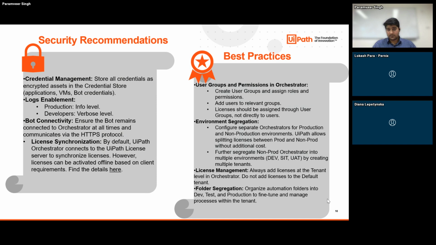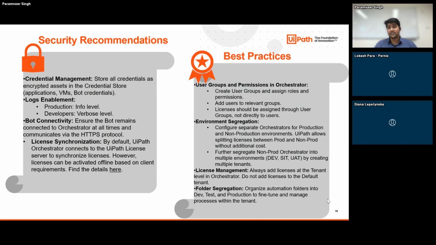And with this, when we come to the license assignment, it should be assigned through user groups. Always assign a license to the user group, not directly to the users. Why? Because, for example, if you have 5 developers, but you have only 3 licenses to be assigned, it's better to assign those 3 licenses to a group and add the users to the group relevant to the work.